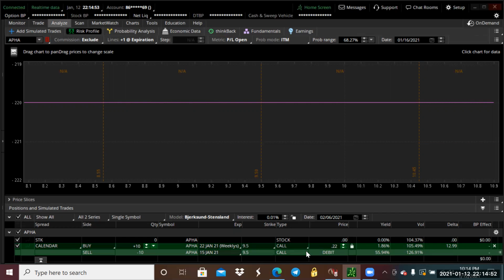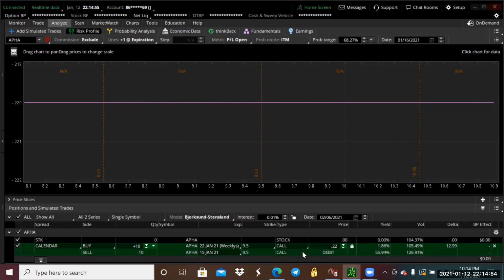And that's just how a calendar spread works. You need to be able to capitalize on the theta decay. It's time value friendly if your stock is high IV. So that's how you trade it.